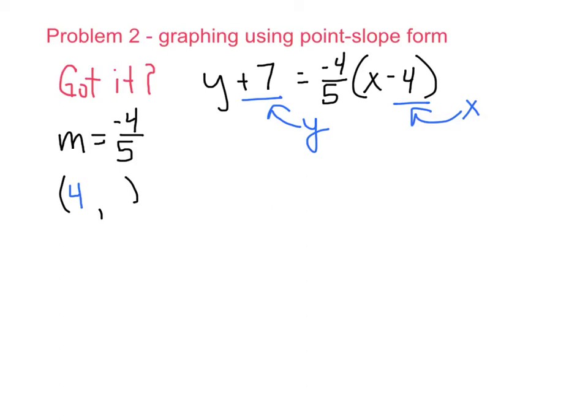But here it was y minus and then something. So what would you plug in here for the value of y sub 1 that would give you a plus 7? It'd be a negative 7. So your point is 4, negative 7. So here's how you graph it. You graph the point. That's all you do. So let's graph the point 4, negative 7.